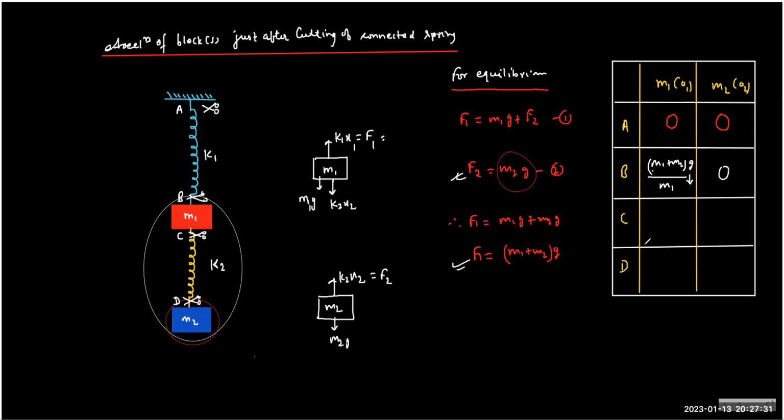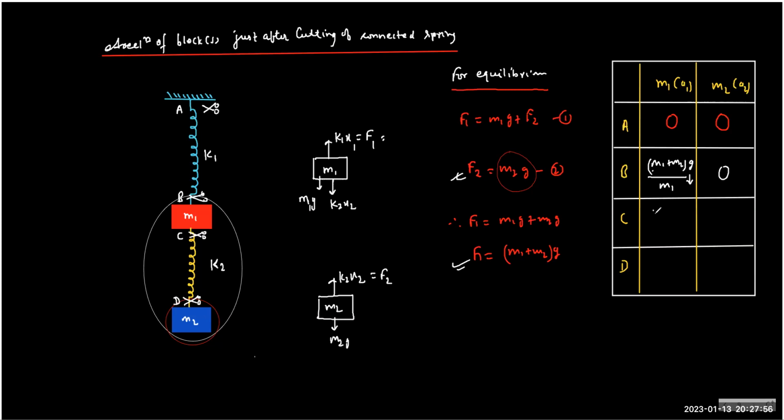Very good. Now, similarly, tell me about C. When you cut at C, how much force will decrease from the life of M1? Like how much force are you removing? F2. Cutting at C means you are removing F2. So F2 means how much?